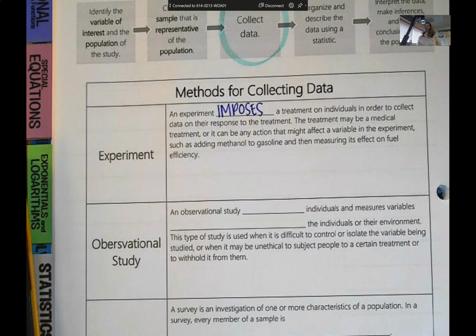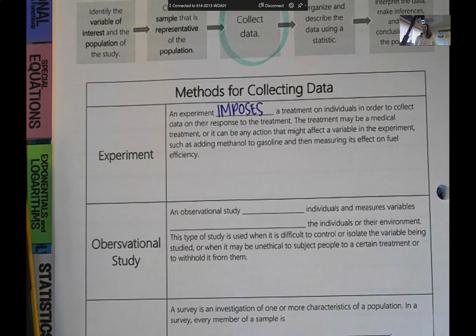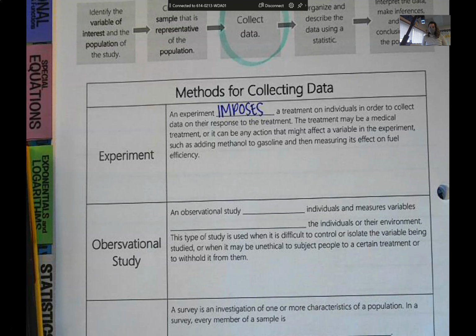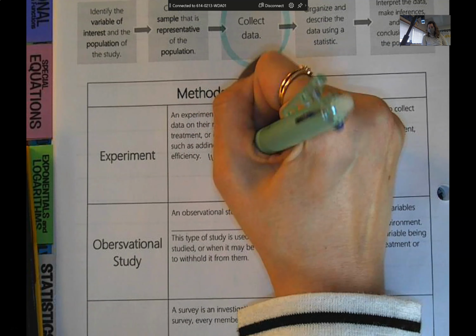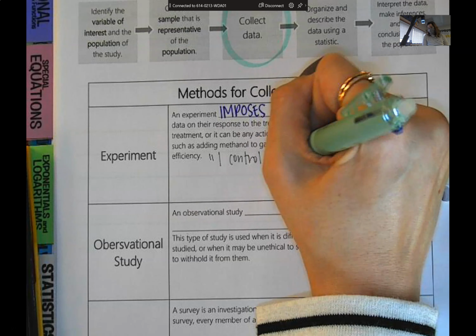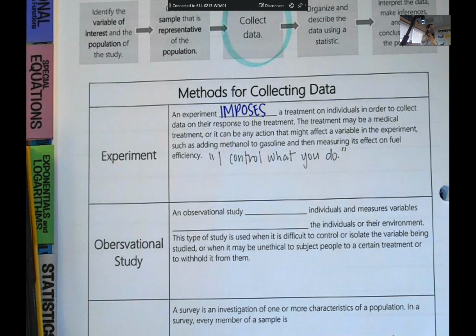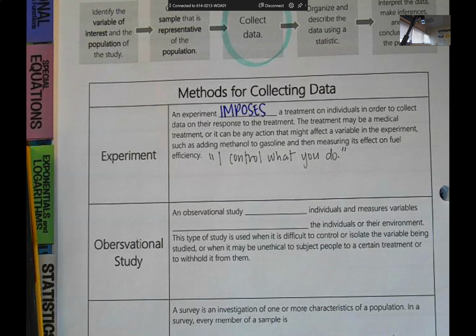The treatment could be a medical treatment, it could be an action that would affect a variable, it could be something like adding methylene or methanol to gasoline and seeing if that reduces your fuel efficiency. But at the end of the day, the biggest distinguishing factor about an experiment is that you control something. So I'm going to write in parentheses, I control what you do. If I'm going to run an experiment, I'm going to control what you guys do in my sample.